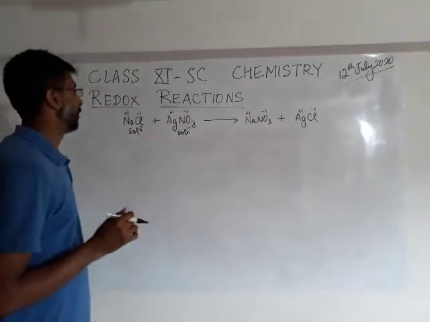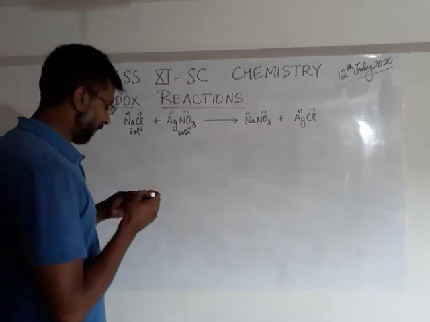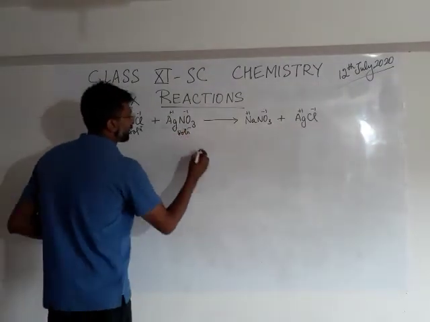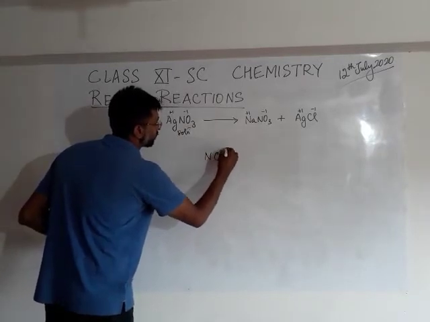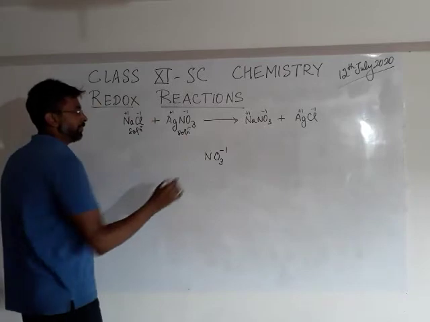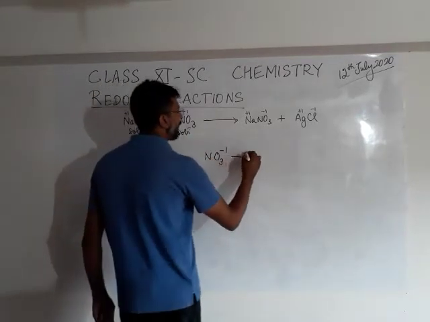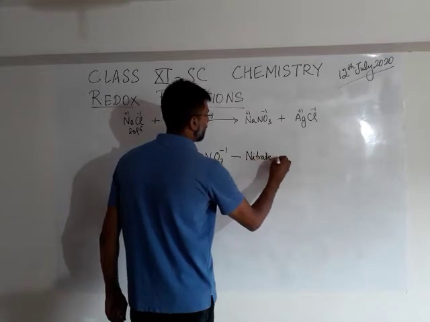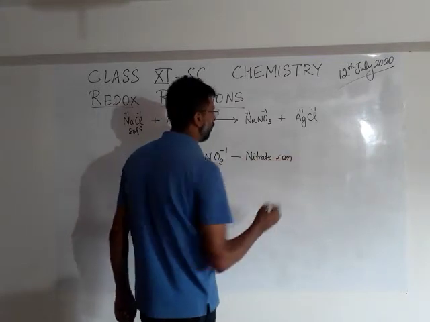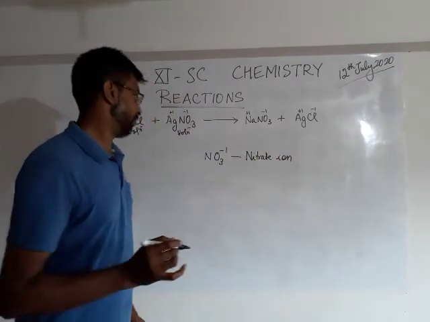Okay? Now let me take a few more examples. Let me take out this nitrate, NO3 -1. This is the nitrate ion. It is called the nitrate ion.